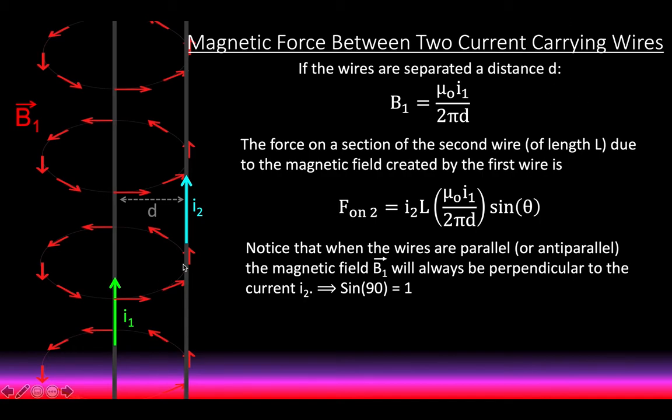The current I2 flows straight up towards the top of the computer screen. So the current flows up, the magnetic field points into the screen, and the two are orthogonal, or perpendicular. So the sine of 90 degrees is just equal to 1. And if I rearrange the order of the terms, I get the force on wire 2 is given as mu naught I1 I2 over 2 pi d times L.